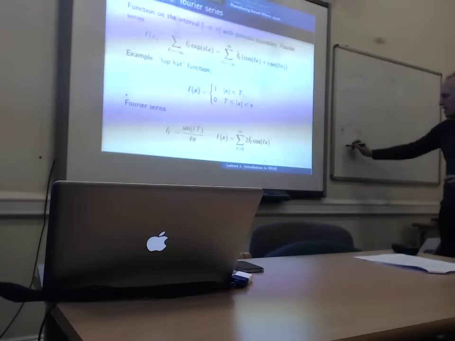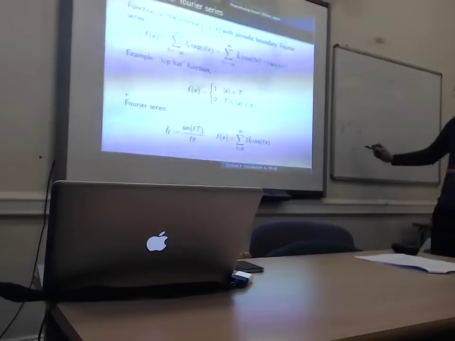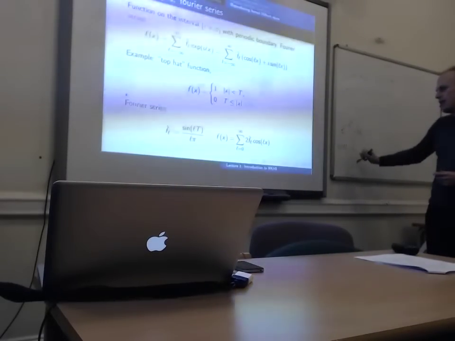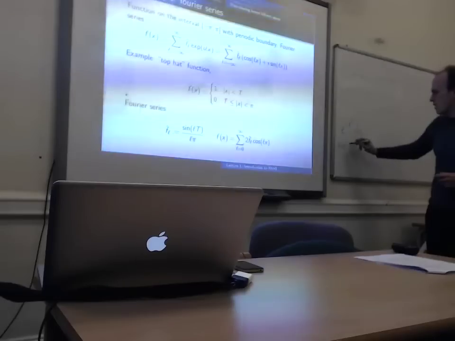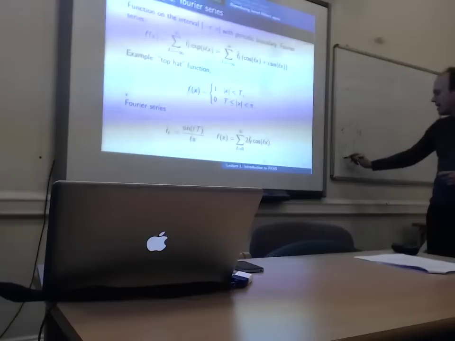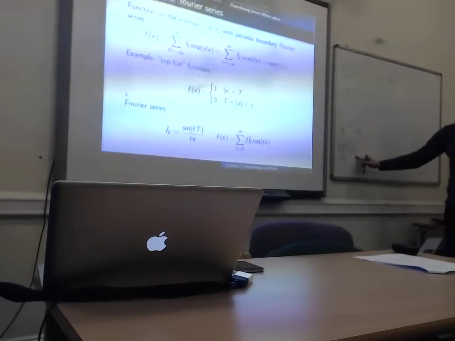So these F L hat are something like sine of L capital T, which is the width of my top hat, divided by L pi, okay? So these are my FLs.